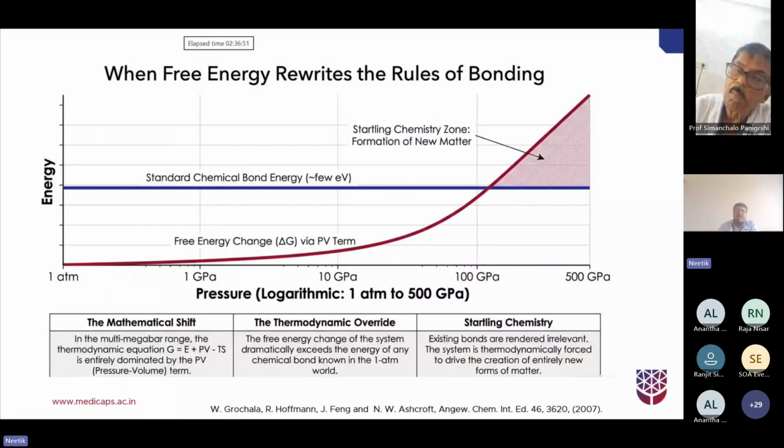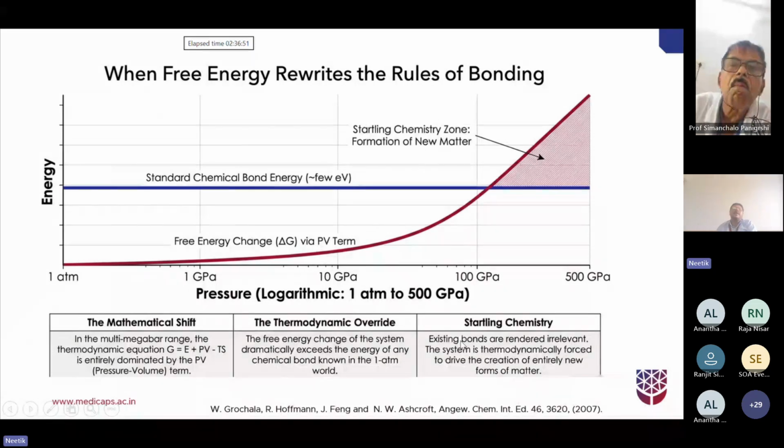The pressure is very high, it may be 100 gigapascal. So that leads to a blow up of the PV term, and the energy also gradually increases.